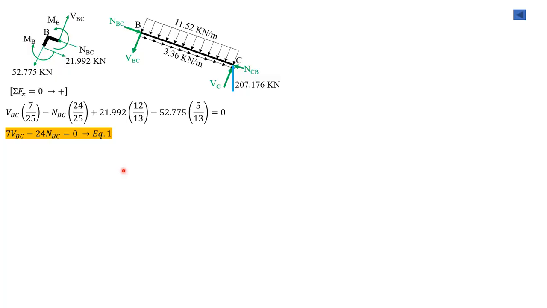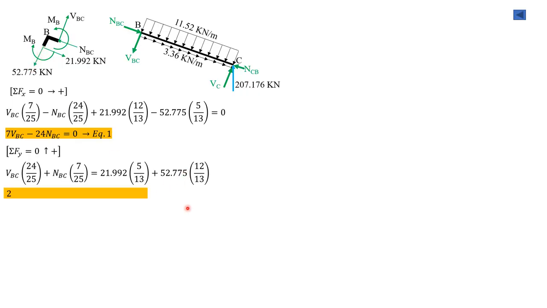Then, summation forces Y equals 0. So V sub BC times cosine of theta 2, which is 24 over 25, plus NBC times sine of theta 2, which is 7 over 25, equals 21.992 times sine of theta 1, which is 5 over 13, plus 52.775 times cosine of theta 1, which is 12 over 13.